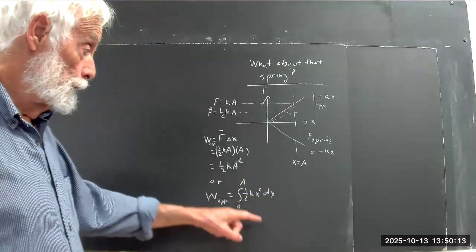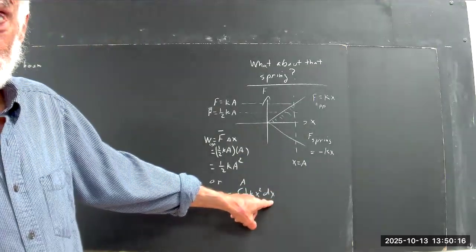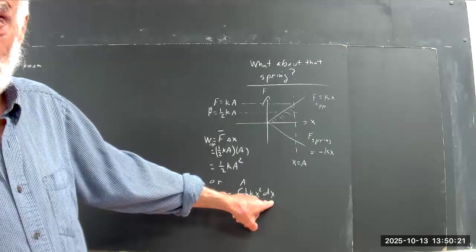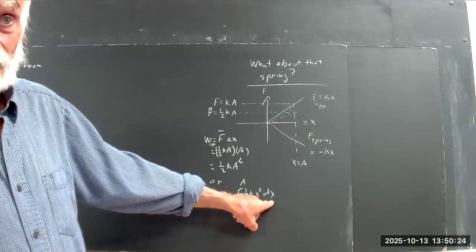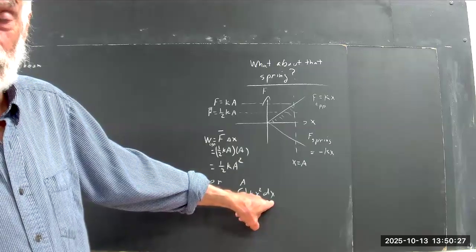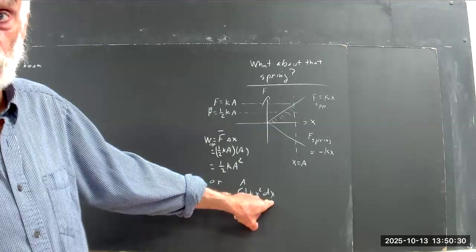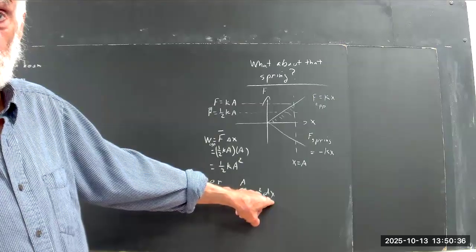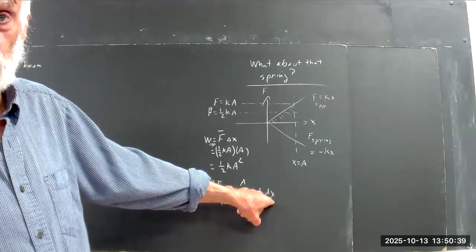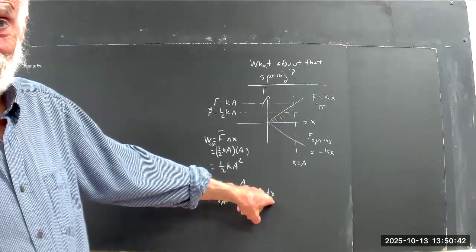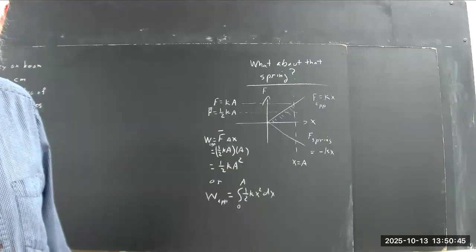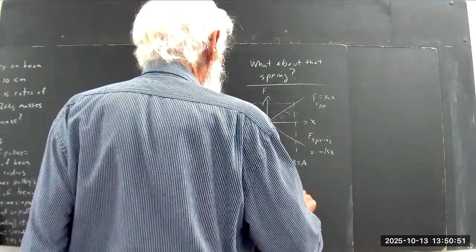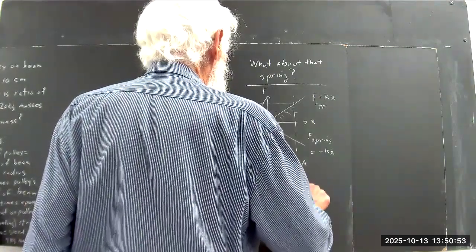And I commented, at least one of you, make sure you put that dx in there. Because the next chapter is on momentum, and we integrate the force with respect to time, not position. That gives us momentum, not energy. Big difference, and you want to start distinguishing that now because people confuse the two like crazy. This is the integral with respect to x. There's also an integral with respect to time, and that's something different called impulse, which gives momentum. And it's not the integral of 1/2 kx squared, but anyhow, that integral is 1/2 kA squared.